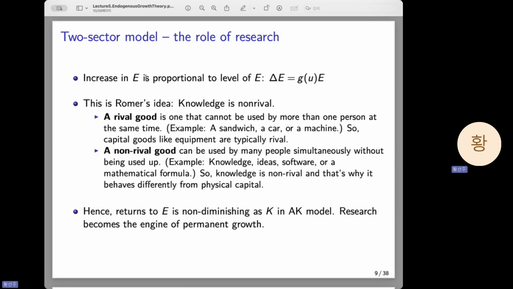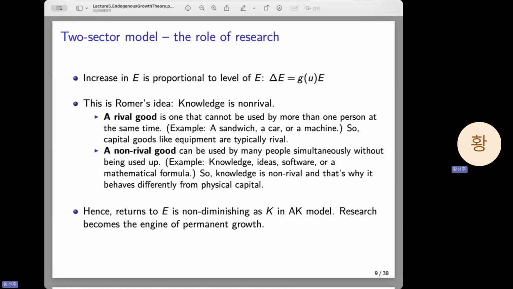Okay, let me note that the increase in labor productivity is proportional to the existing level of labor productivity. Okay, so this means that knowledge builds on itself, which implies that knowledge is a non-rival good.